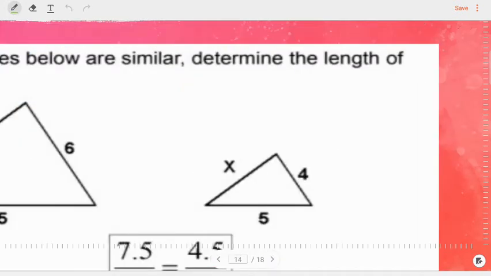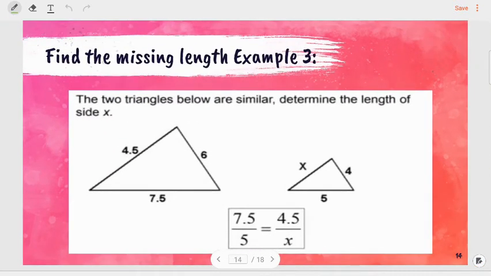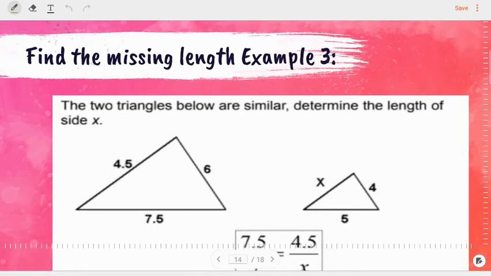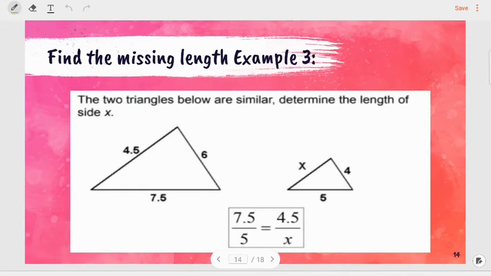Sweet. So let's talk about one other way to talk about similarity. I know if two triangles are similar, they're going to have all proportional sides. So I should be able to have a proportion that works. So if I look at 7.5 over 5, does that equal this other proportion, 6 over 4?